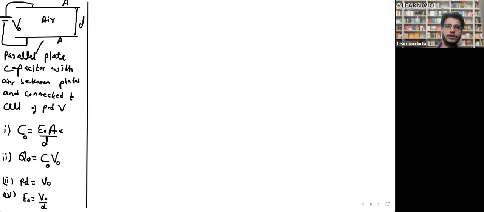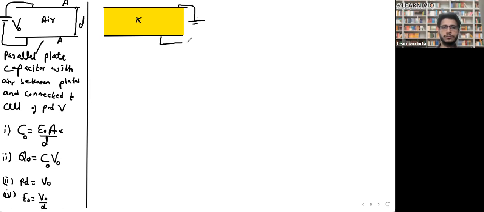Now, in the numerical, you may be asked to calculate the capacity when the space between plates of the capacitor is filled with a dielectric of dielectric constant K. This is potential difference V naught.